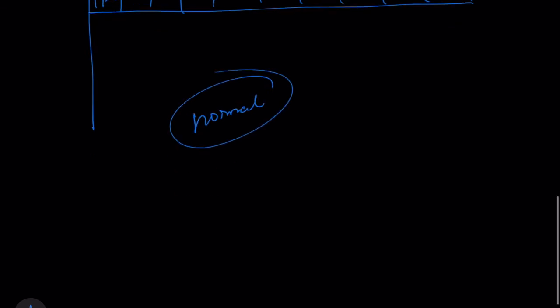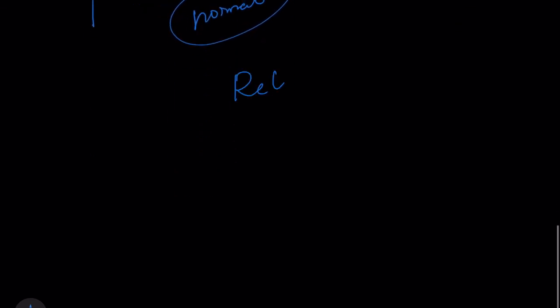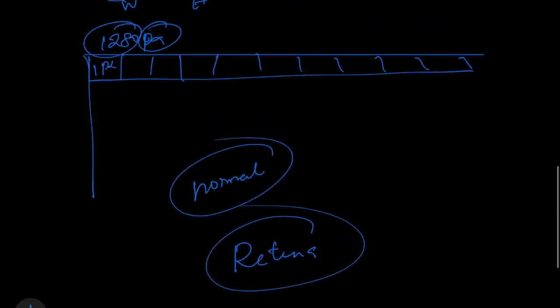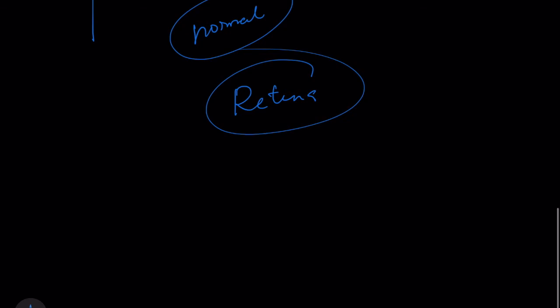Okay. But when we talk about retina, I said here each box is 1 pixel, right? In retina, each box contains 2 pixels. The manufacturer manufactures the display so that each visible box contains 2 pixels, so they can accommodate a lot more pixels, and your display clarity becomes higher.